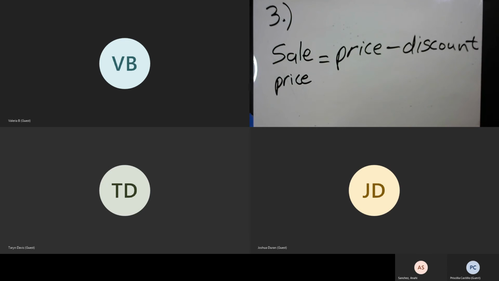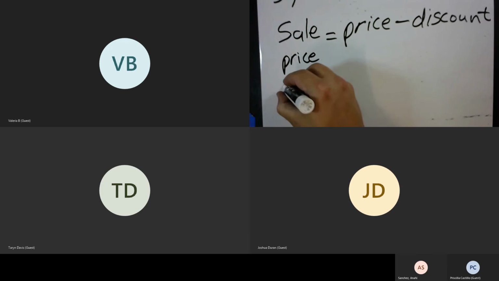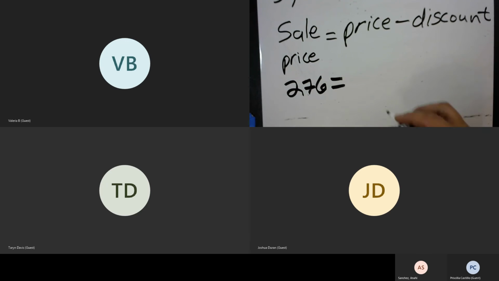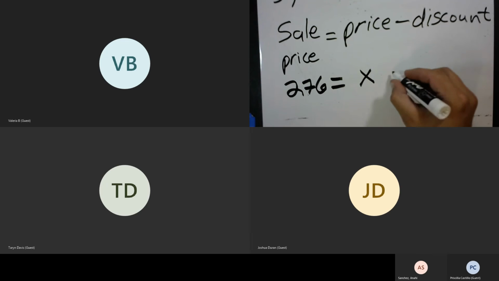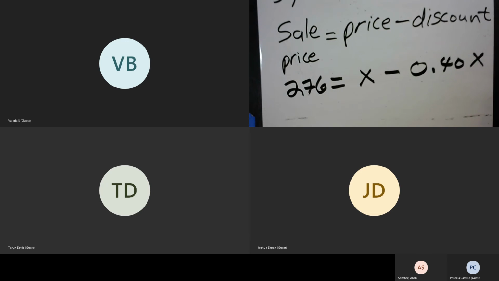So sale price will be price minus discount. Now we have the sale price. That's what we paid $276 for. The price is unknown, and the discount is 0.40x. Still multiplication, I'm just leaving the dot out of there.